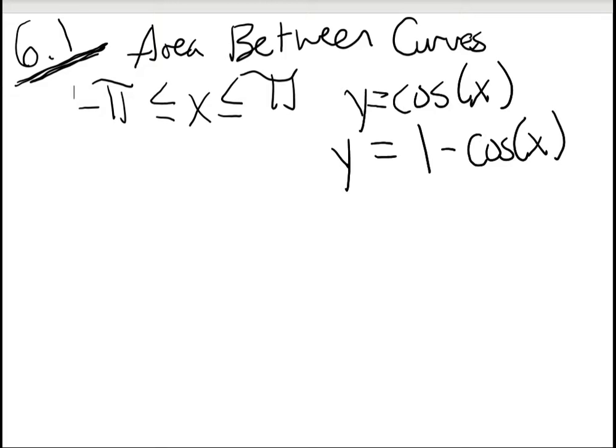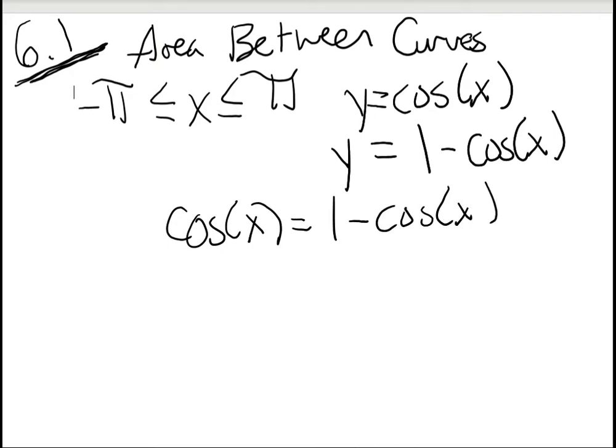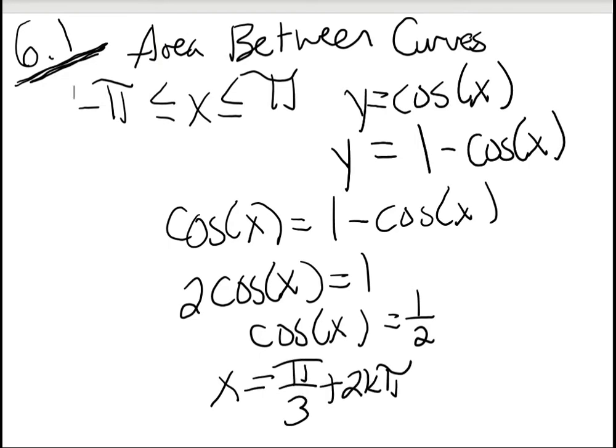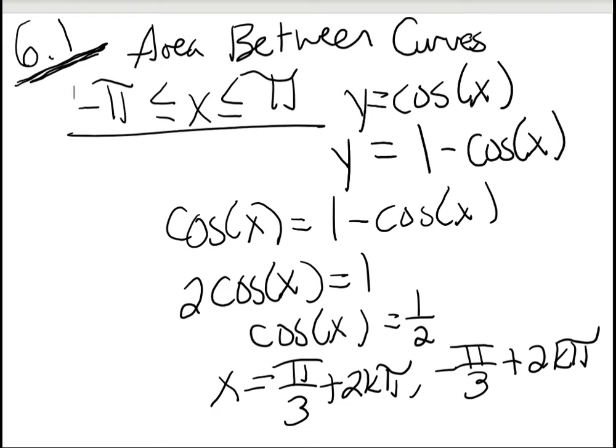Well, you could solve to see where they intersect. So that means 2 cosine x equals 1, cosine x equals 1/2. So then x is what? You have pi over 3 plus 2k pi. And because it was cosine, you also get negative pi over 3 plus 2k pi. Now, but look at our domain, negative pi to pi. So these other ones don't actually matter. We only have 2 points where this function intersects.